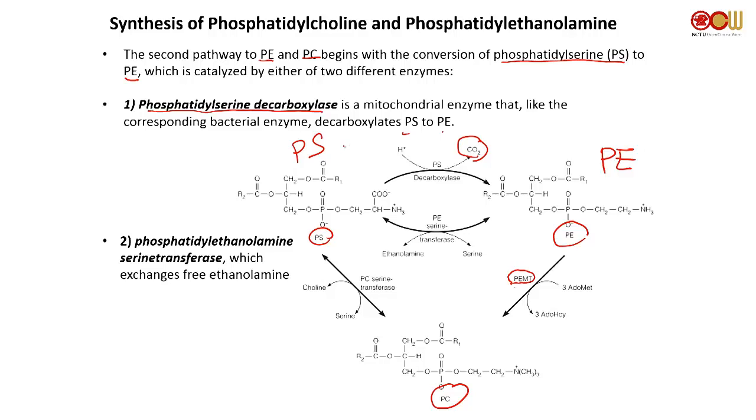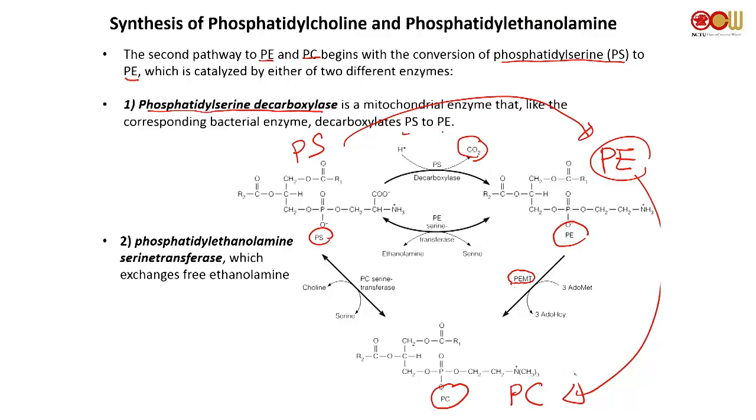So we go from PS to PE, PE to PC. If we're talking about from scratch, a linear pathway built from the start, it is PS, PE, PC. Okay, but if you look at this pathway, you'll see that you got some interconversion going on.